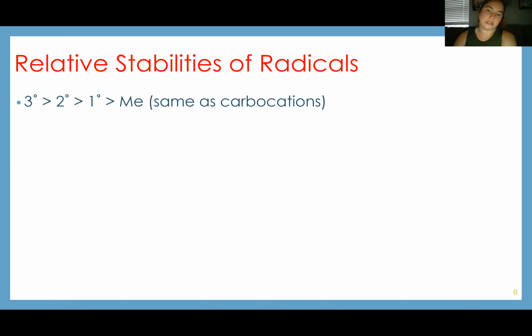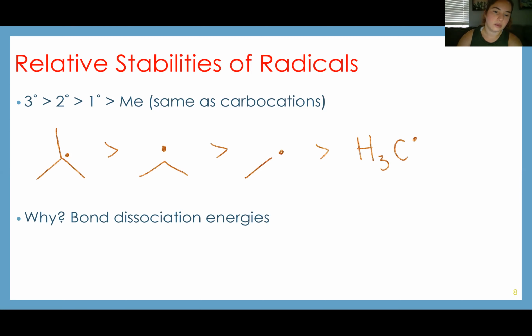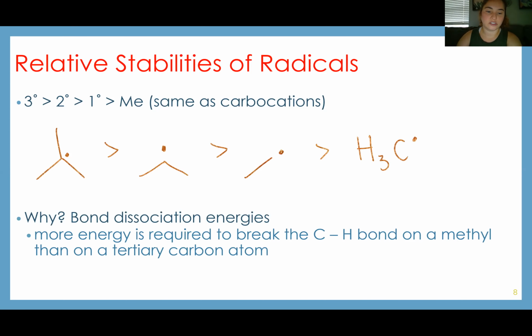The relative stabilities of radicals mirrors the stability of carbocations, which is nice. So a tertiary radical is more stable than a secondary, which is more stable than a primary, which is more stable than a methyl radical. And it's for the same reason. Hyperconjugation is going to help stabilize that unpaired electron. And also because of the bond dissociation energies.